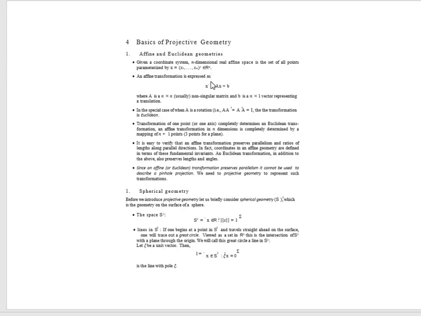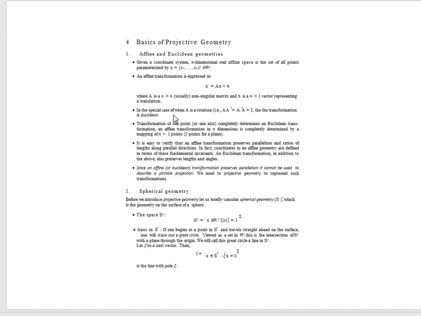An affine transformation is expressed by the equation x' = Ax + b, where A is an n cross n non-singular matrix and b is an n cross 1 vector representing a translation.